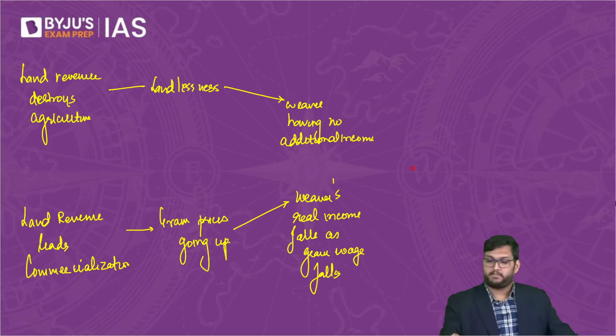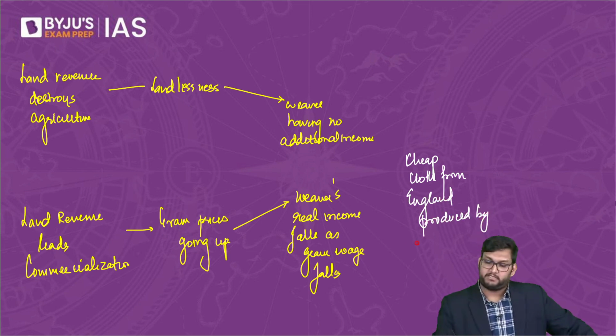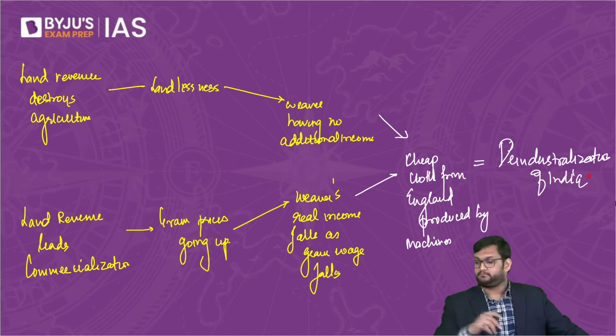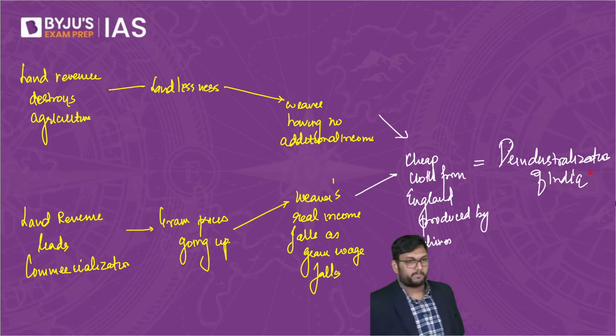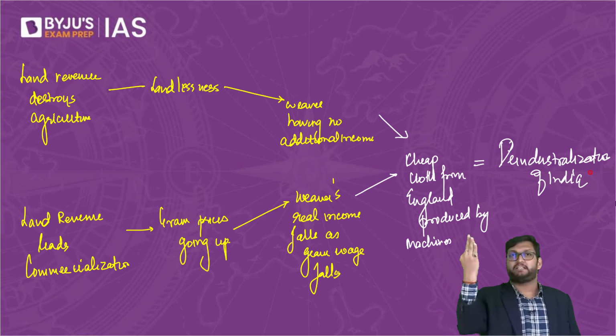Add to it cheap cloth from England produced by machines, what you get is deindustrialization of India. Now does this make sense? How land revenue, commercialization, deindustrialization are technically connected to each other.